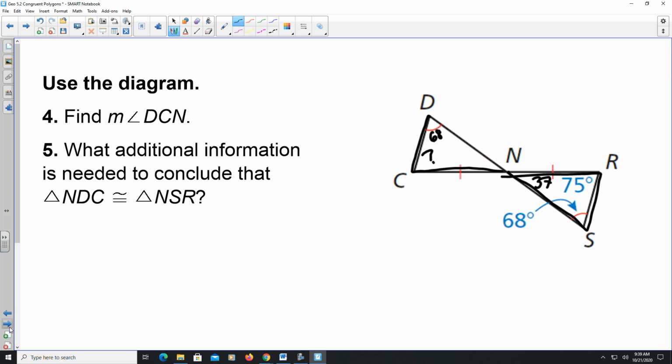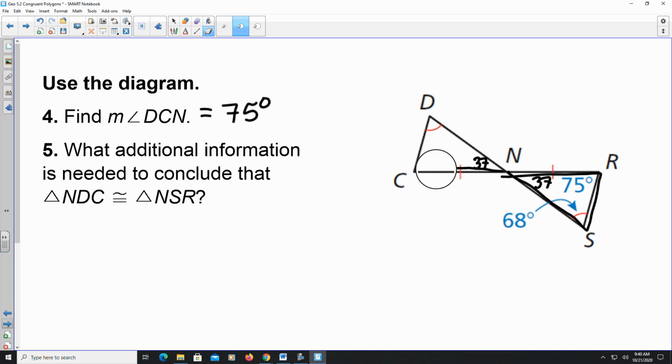I also know that this is 37 because they are vertical angles. Since this is 68 and that's 37, this one is going to be 75 degrees, because 75 plus 68 plus 37 gives you 180. So angle DCN is 75 degrees.